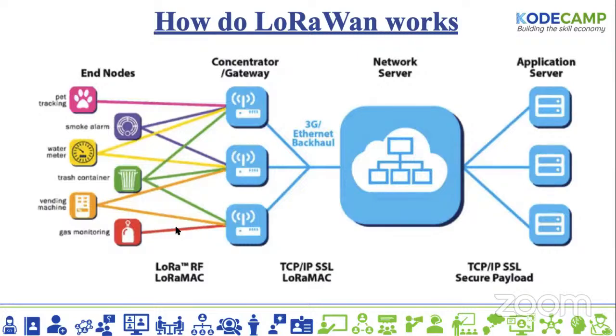But for very large scale network operators, the key differentiating factors should be the radio performance, that's the sensitivity and the sending power of the gateway. There is a particular chip called the SX1301 chip, if I'm not mistaken.